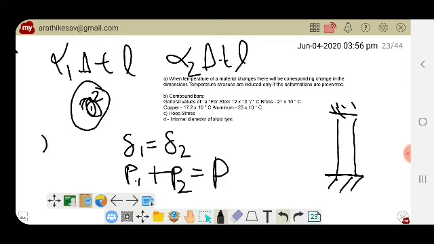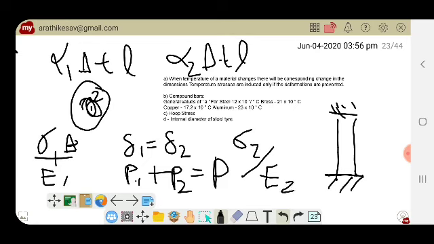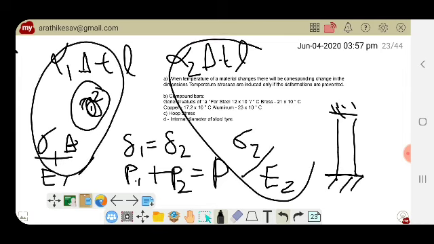And the stresses are different, sigma 1 and sigma 2. The elongations due to these will be sigma 1 by E1 and sigma 2 by E2. So the sum total of these and the temperature elongation, the net elongation, should be the same.